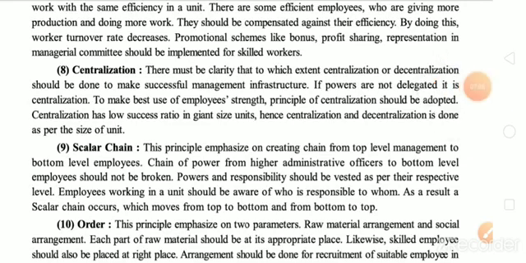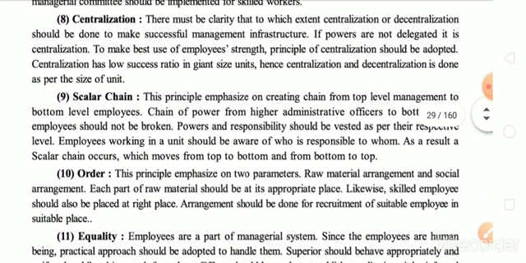So in centralization, we discussed that there should be clarity regarding the extent of centralization or decentralization, and if we want to get the best use of employee strength, then the principle of centralization should be adopted. In a giant size unit, centralization has a low success ratio, while in a smaller size unit, centralization has the highest success ratio.